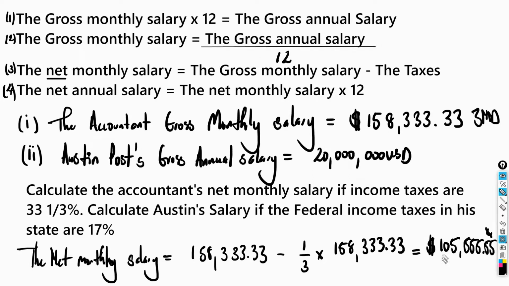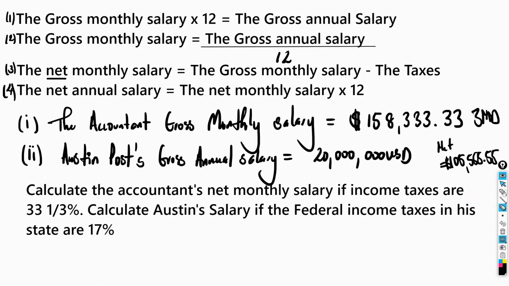So this is the net monthly salary for the accountant. Let's put that down here. Net is equal to 105,555.55.